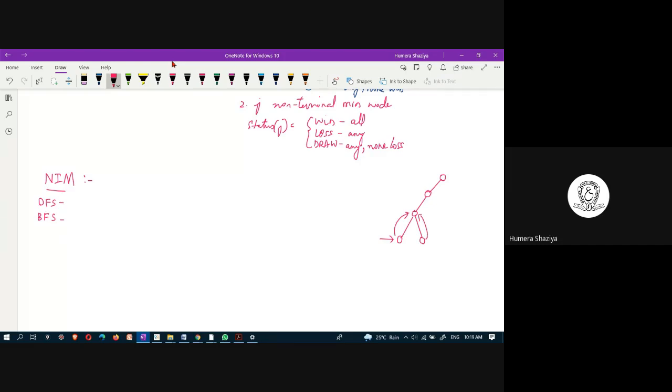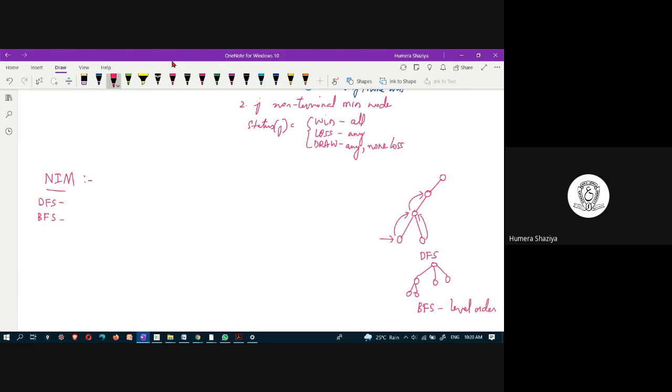If there is none, backtrack to the parent. This is how DFS operates. How does BFS operate? Take one node, generate all its children or subnodes, and take one, generate all. This is level ordered BFS.